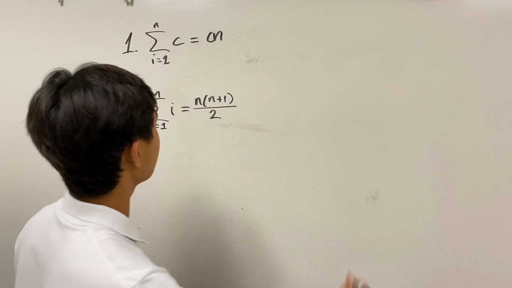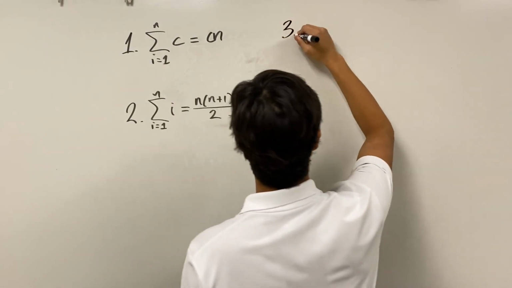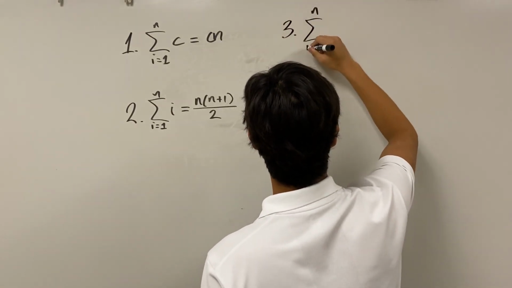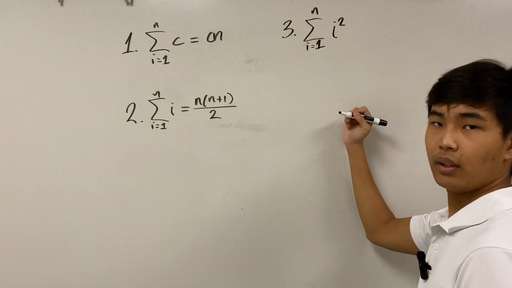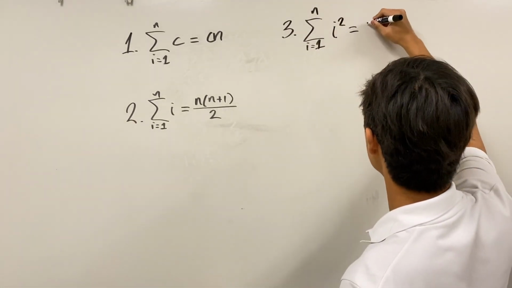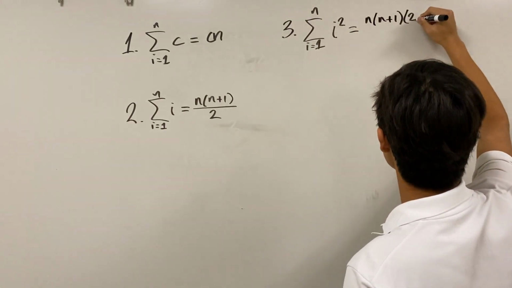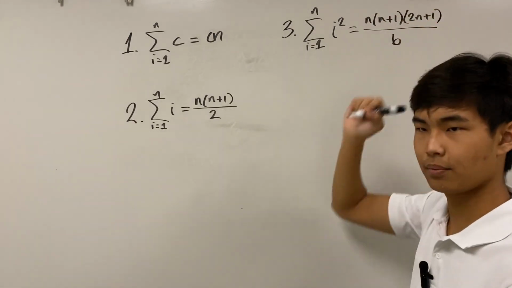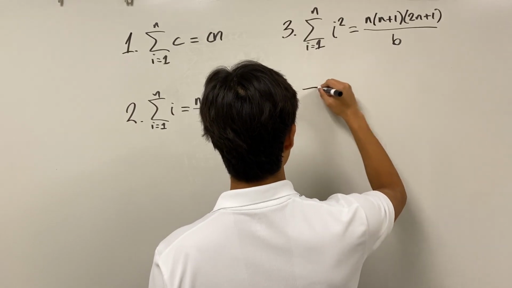The third formula is when you're summing a square. Like this. And this is equal to n times n plus 1 times 2n plus 1 all over 6. And lastly, this one is for summing a cube.